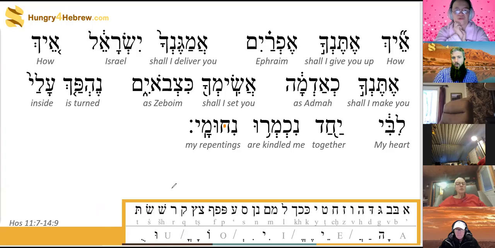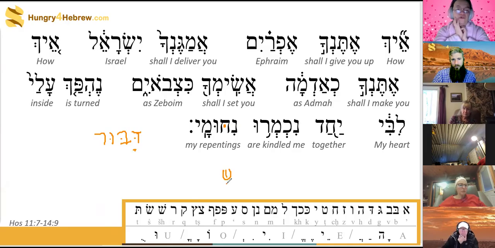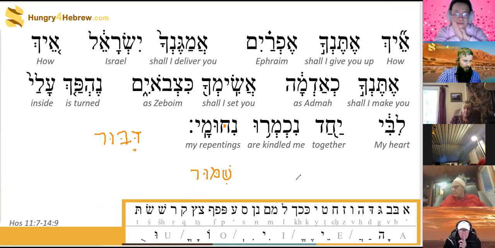Can you think of other words that have this same pattern? What about dibur? Dibur. Or shimur? Shimur. So the point is that when you have the u pattern, that is another example of, like I said earlier, what in Hebrew is called a shem hapoal.